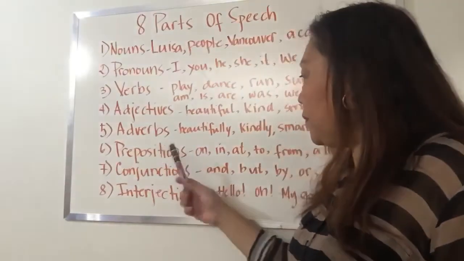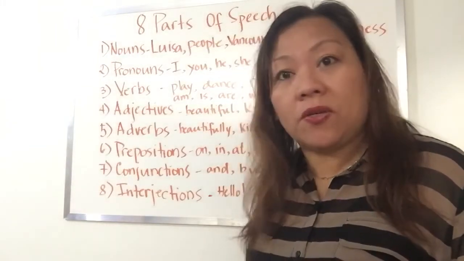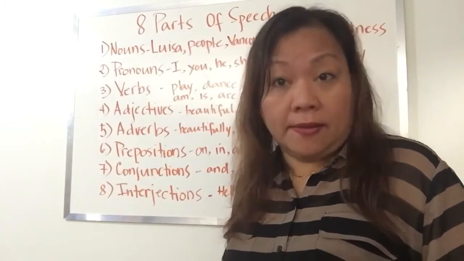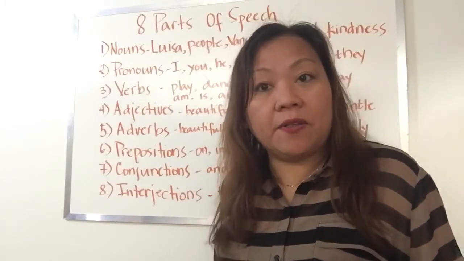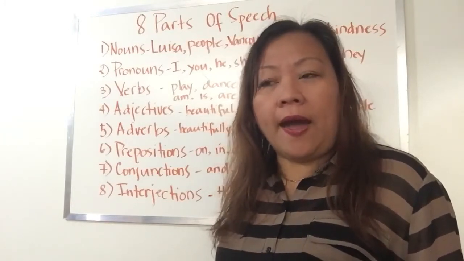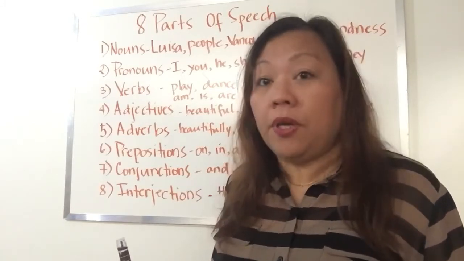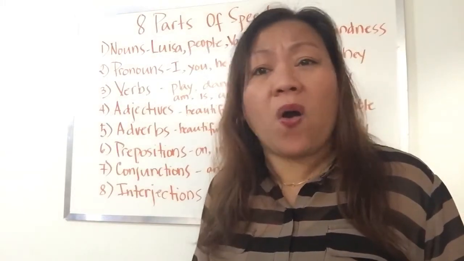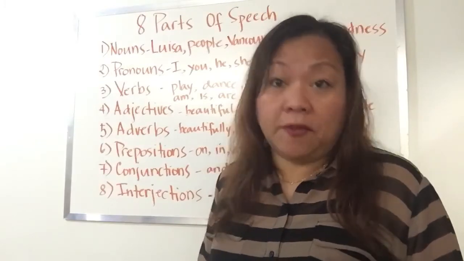Okay. So number 6 would be prepositions, and prepositions are quite confusing for many, and I totally understand, because I heard that some languages actually use just probably 2, 3, or 4 prepositions, but in the English language there are many prepositions, and sometimes they can be confusing.